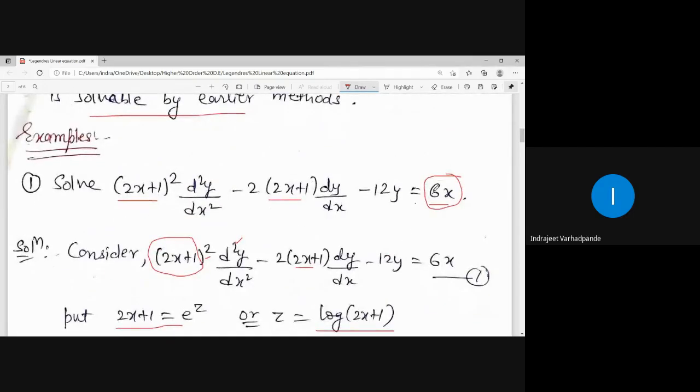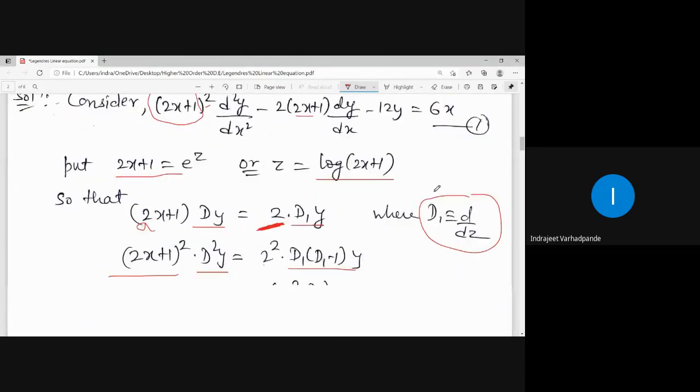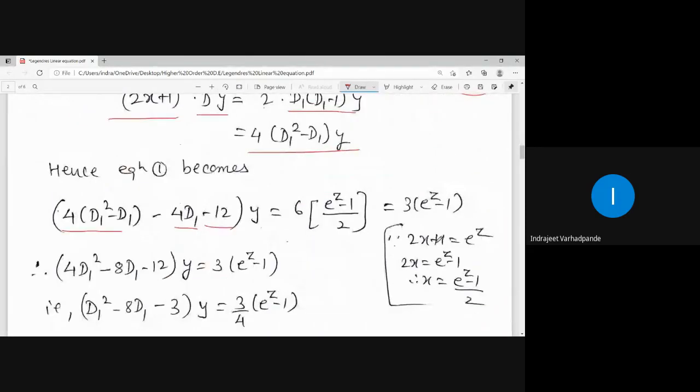RHS was 6x. Now I know that everything is to be converted in the form of z. So 2x plus 1 is e to the power z. 2x is equal to e to the power z minus 1. So x will be (e to the power z minus 1) upon 2. So in place of x, I will be putting down the value (e to the power z minus 1) upon 2.